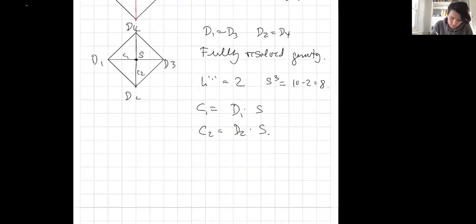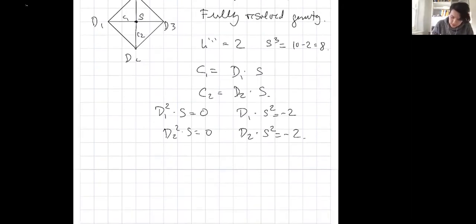And now we can compute the intersection numbers. In fact, from the rule that I produced up there, D1 squared dot S is 0. D1 dot S squared is minus 2. And D2 squared S is 0. And D2 S squared is minus 2.